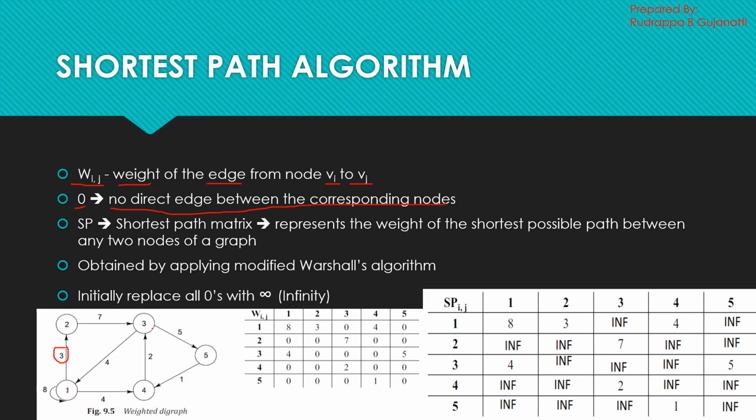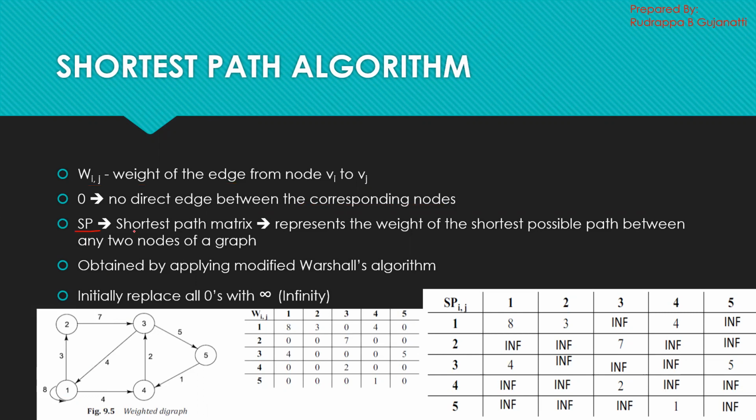That is, from 1 to 3, I do not have a directed edge. So that is what is given here. 1 to 1, the weight is 8. 1 to 2, it is 3. 1 to 3, there is no direct path, therefore it is updated with a 0, indicating that there is no direct edge between these two.